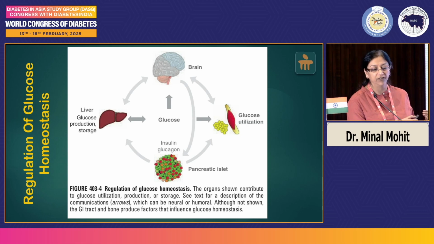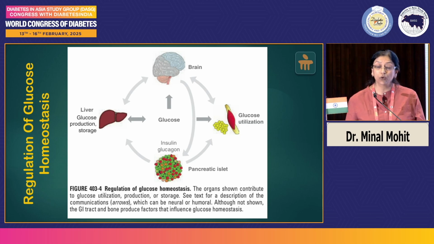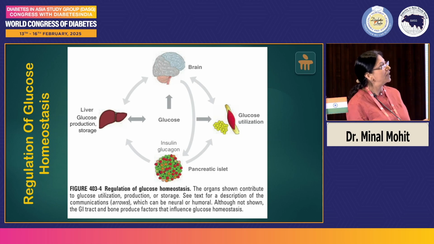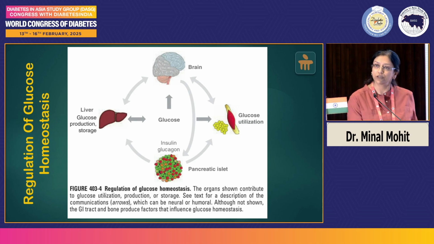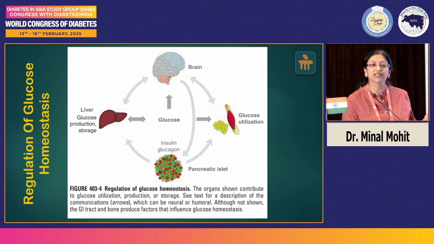Then we have the liver, which has increased glucose production, or makes gluconeogenesis feasible, or stores the extra glucose in the form of glycogen. Similarly, we have the peripheral tissues, that is adipose tissue and skeletal muscle, which utilize glucose under the influence of insulin. Then we have, of course, the pancreatic alpha cells releasing glucagon and the beta cells releasing insulin.